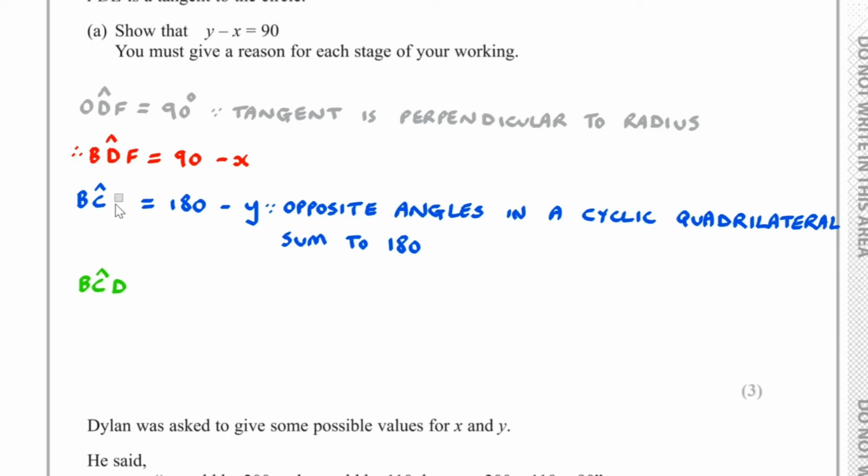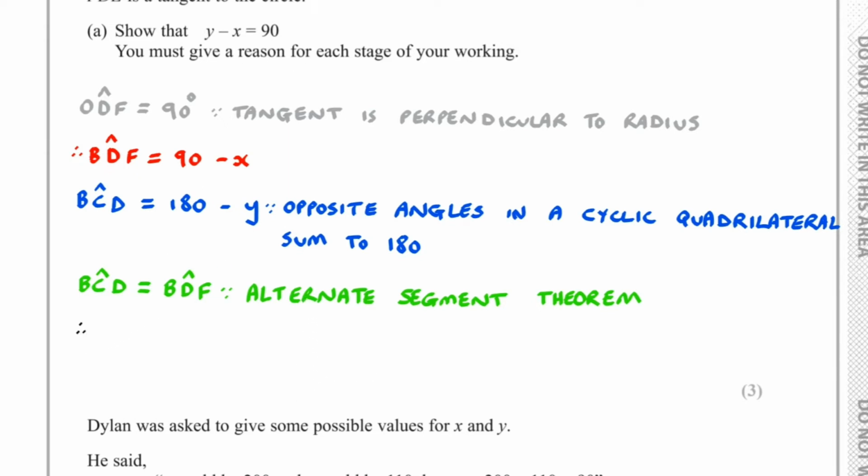Here we've got BCD. This is equal to BDF, and the reason for that is because of the alternate segment theorem.